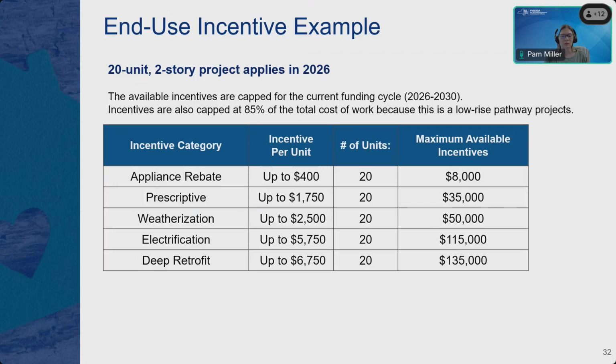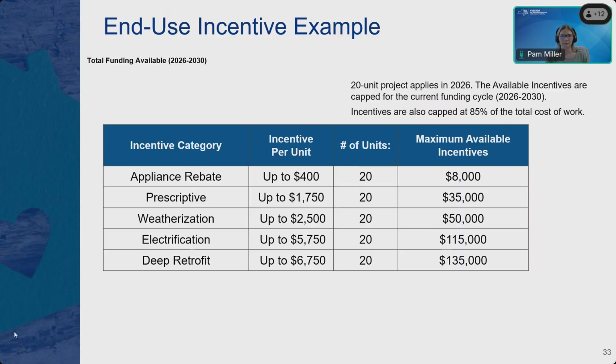We have a total of $35,000 available for prescriptive, again, $1,750 times 20, and so on. We go down the line through the separate incentive categories. These are what's available to that building during the funding cycle, the program term, 2026 to 2030. Next slide.